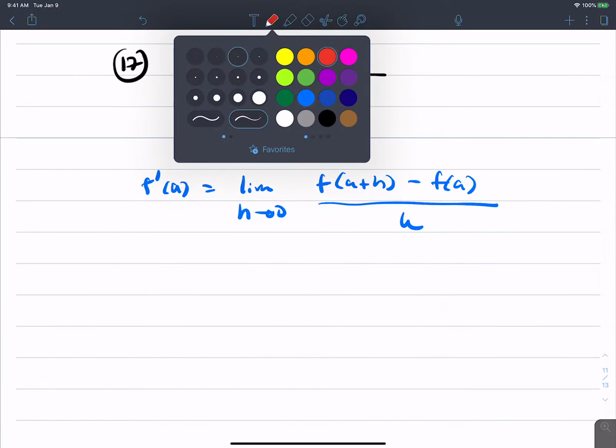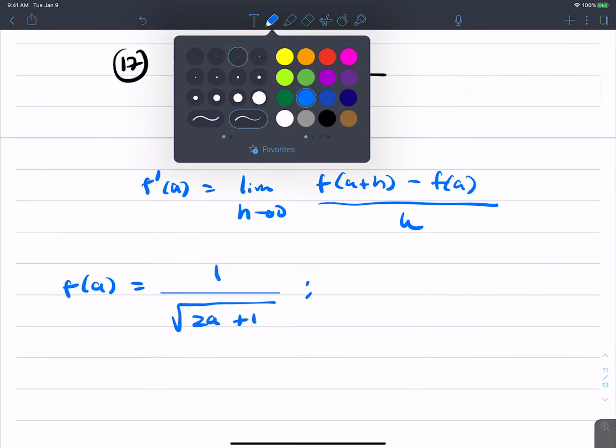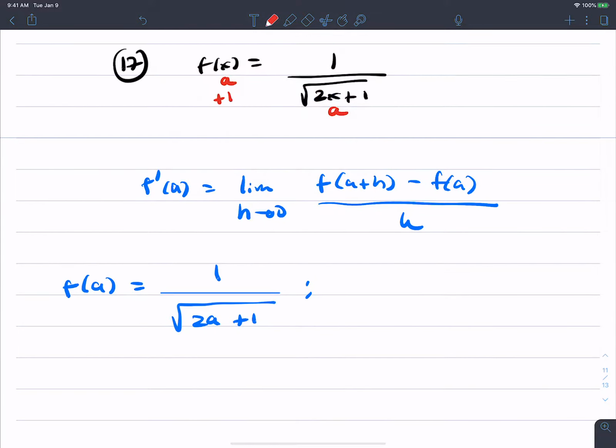So now we're going to plug in an a here. F of a is 1 over the square root of 2a plus 1. Add h.